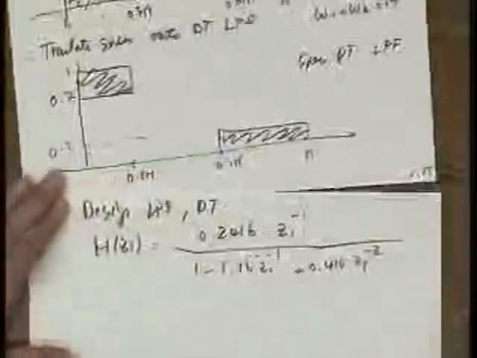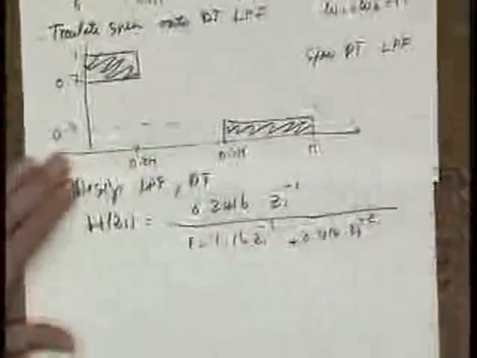And that's our low pass filter. Then I just go back and plug in the transformation that we had, with alpha equals 0. You're going to have to replace z1 with minus z2. That's all there is to it.